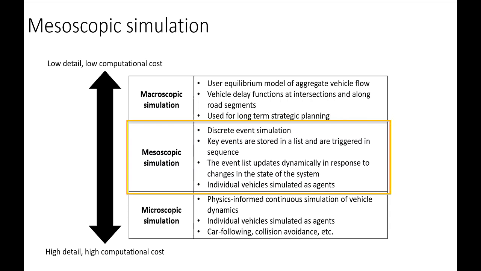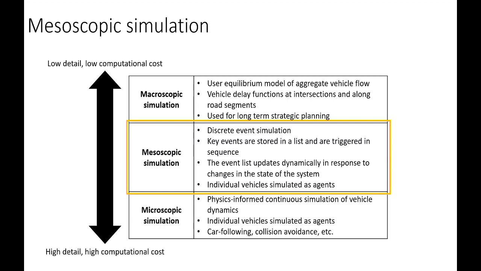but it simplifies things by, instead of simulating in continuous time and continuous space, being a discrete event simulation, which basically means that you only simulate the points where something interesting happens. An example of something interesting would be a vehicle being generated at an origin node, or the signal phase changing, or a vehicle moving down from one road segment to the next.